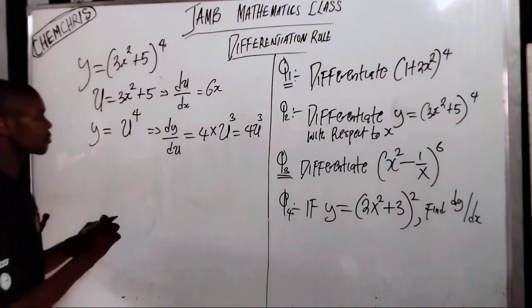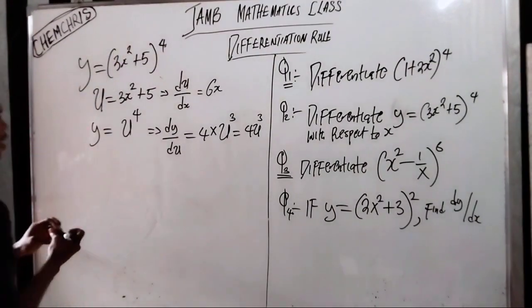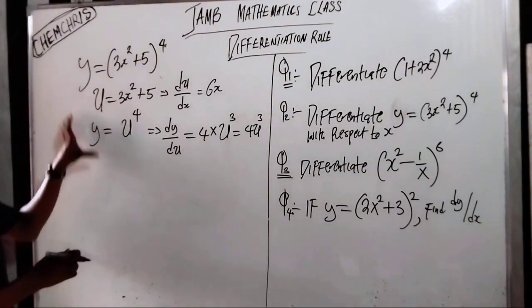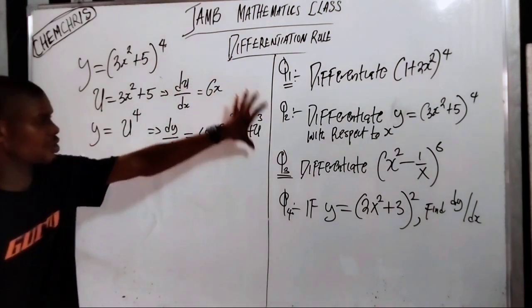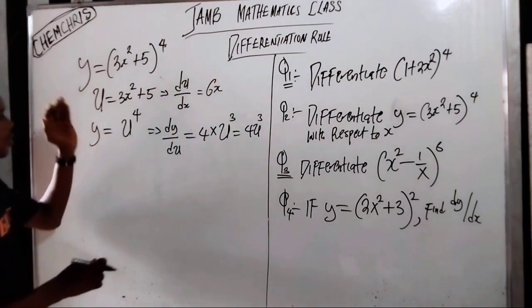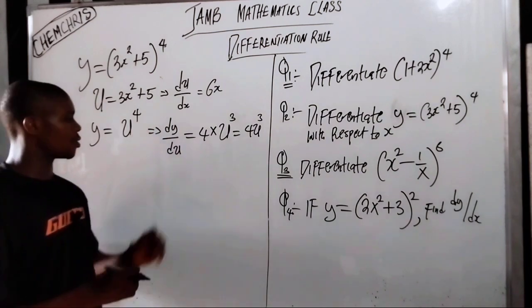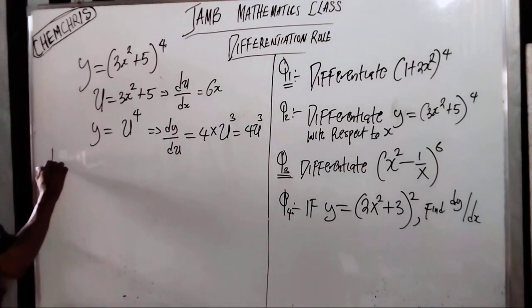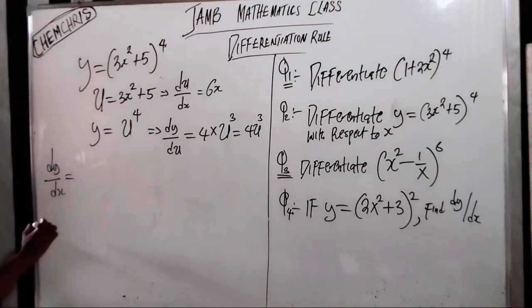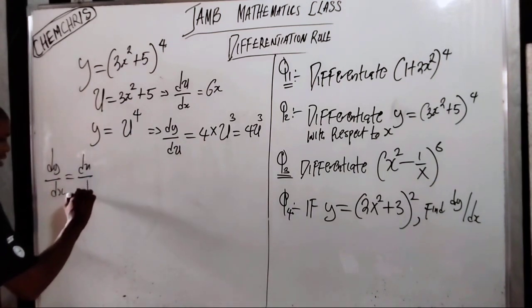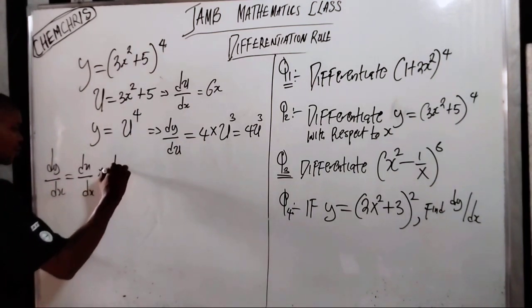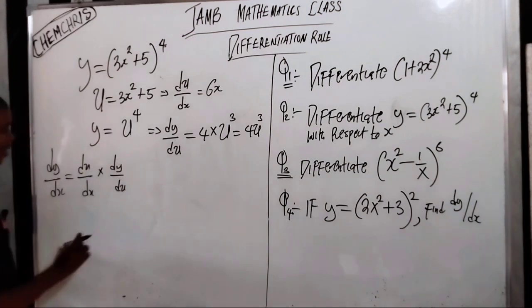Can you see that? Now remember, in the chain rule we have two different differentiations, different values here. Here we have du over dx, dy over du. So dy over dx is equal to du over dx times dy over du. Can you see that?